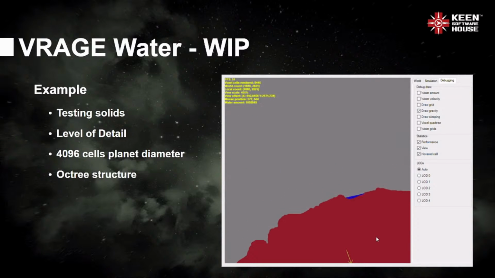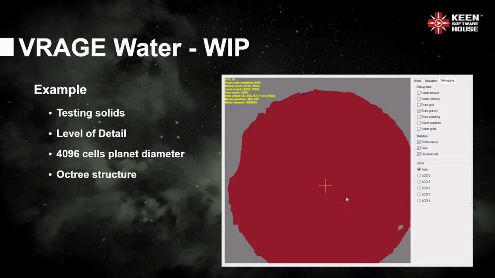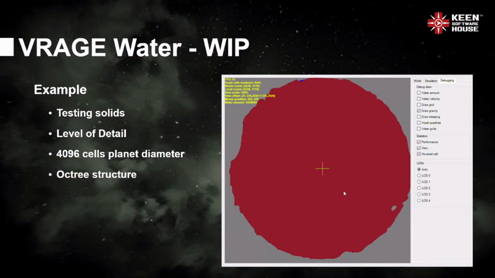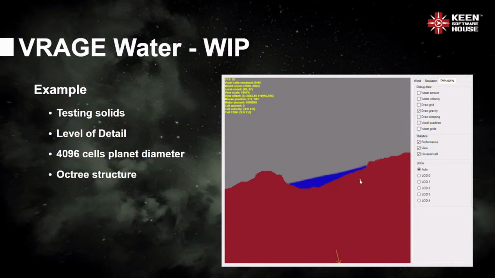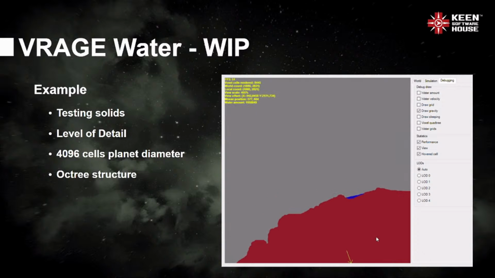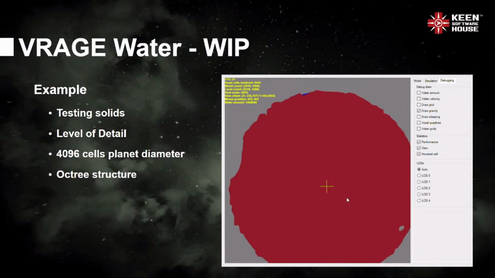And it's not easy. So you can see the scale, how small suddenly this lake looks if it is shown on a whole planet at once. And this is not the biggest planet that we will support.